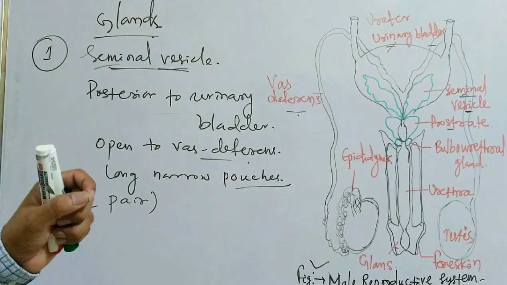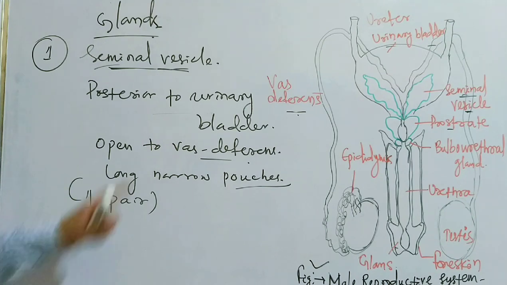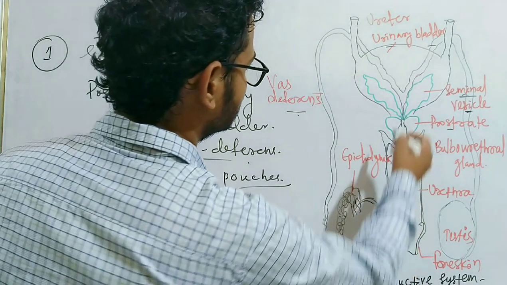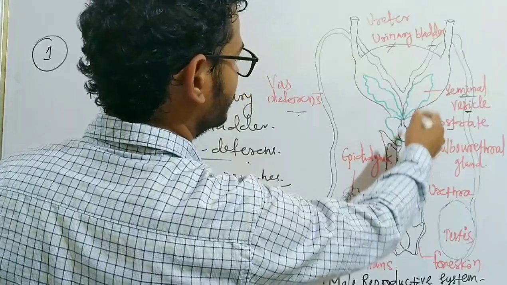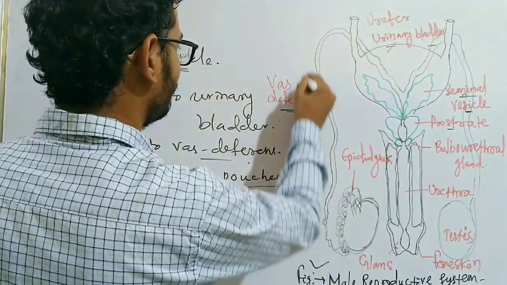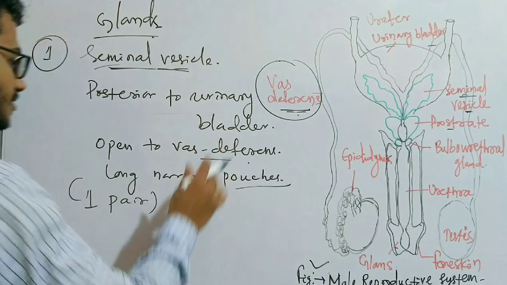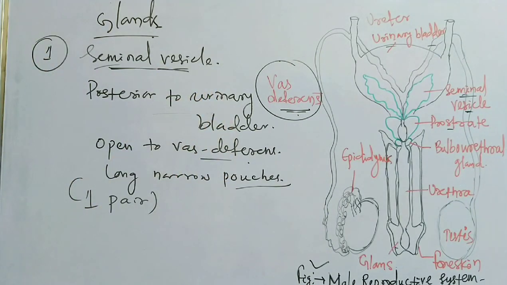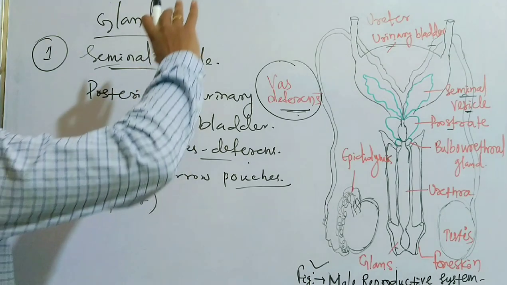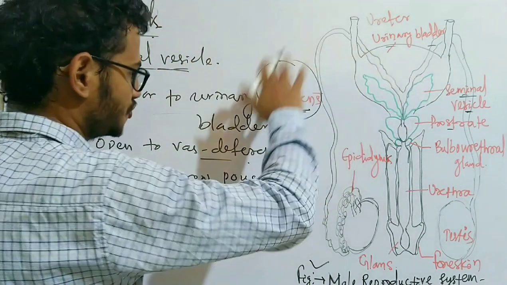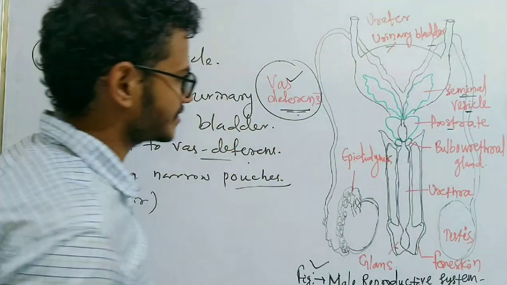Each gland has a short duct that joins with the ductus deferens, or the vas deferens, at the ampulla to form the ejaculatory duct.